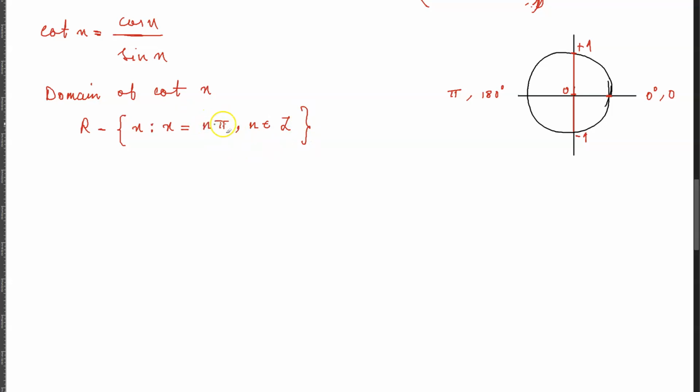Meaning that, for example, you get 0 times pi, which gives you 0, in which case sine is 0.